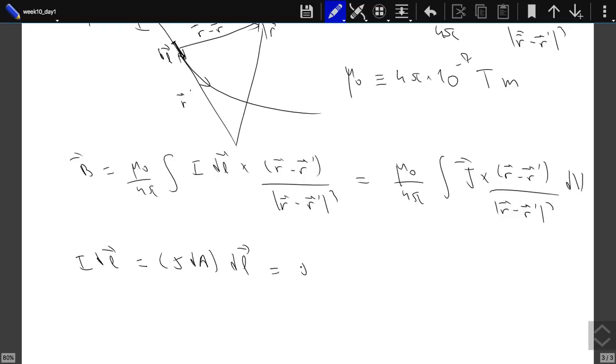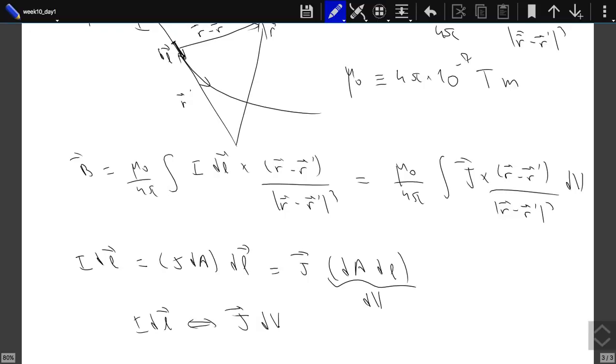So this is equal to J dA times dl, but this is nothing but dV. So whenever you have I times dl, you can always write it as J times dV.